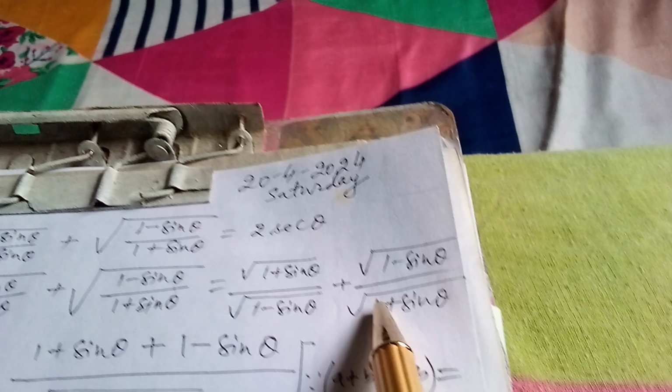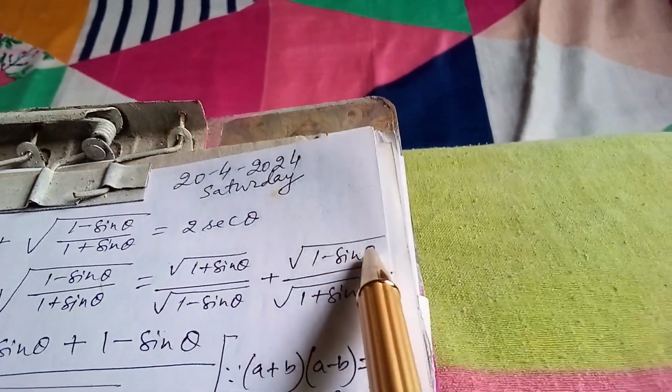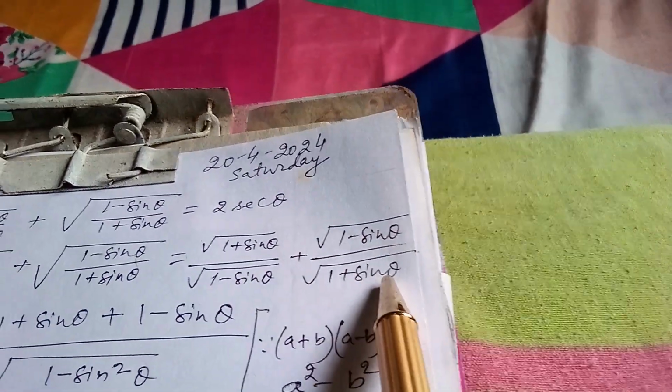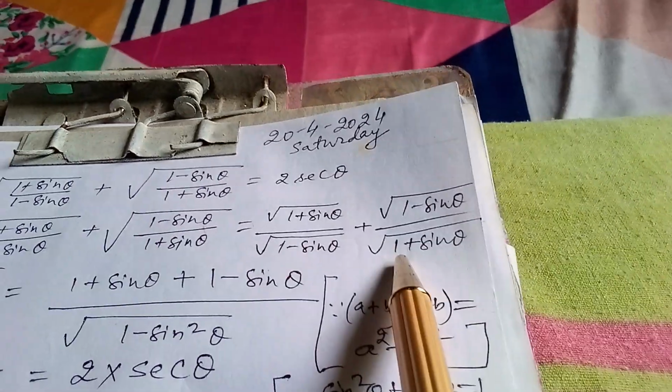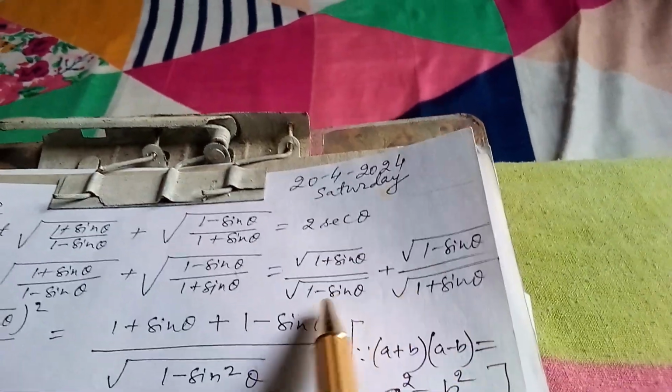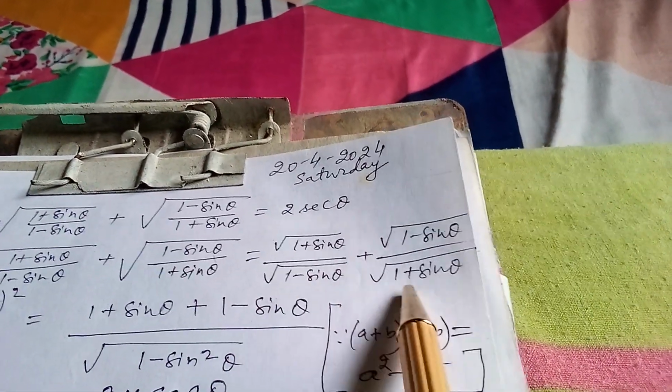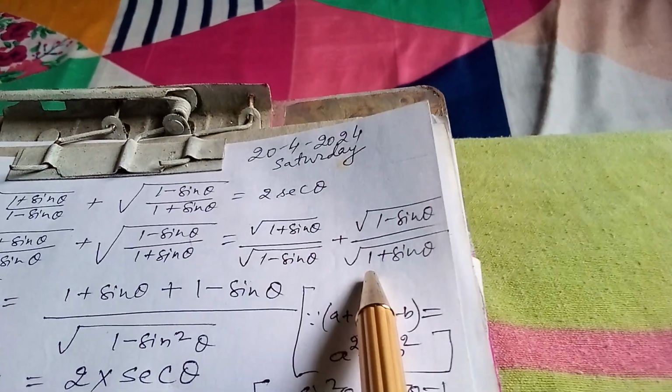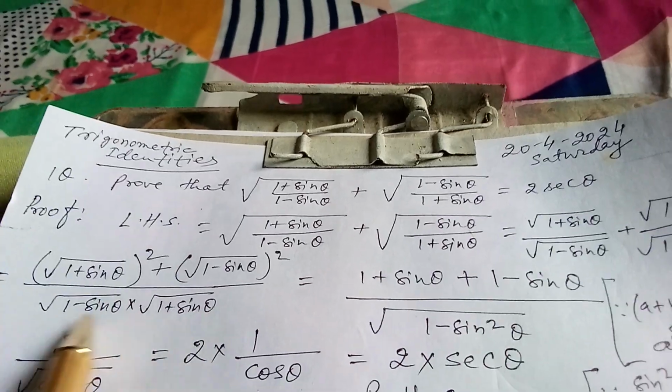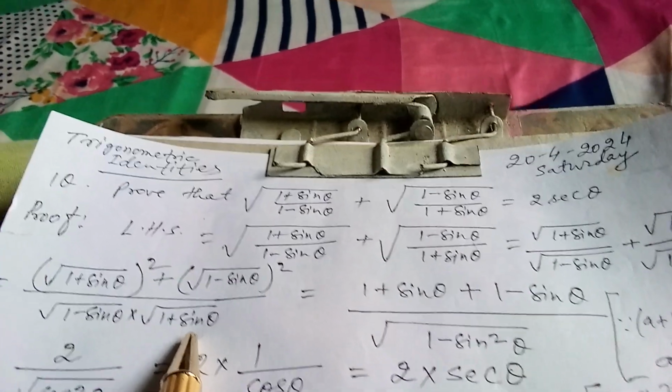In the same way, here also square root of 1 minus sin theta by square root of 1 plus sin theta. Now we are finding the LCM of these two. Both are unlike terms, and no common factor is there, so both are multiplied. So here the LCM is the product of these two terms.